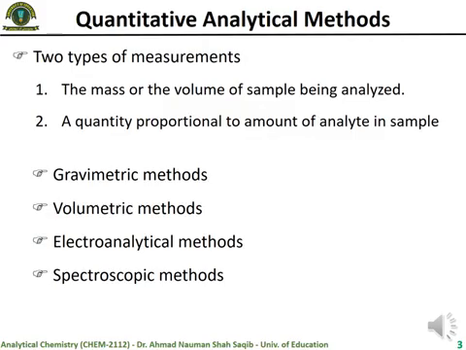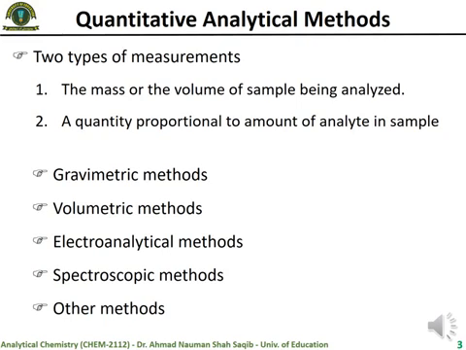And then we have certain other methods which use different quantities for quantification. For example, mass to charge ratio can be used, as in mass spectrometry. Similarly, rate of radioactive decay can be used for quantification. We can use heat of reaction, rate of reaction, thermal conductivity, optical activity, or in some cases refractive index for quantifying a specific analyte in the sample.